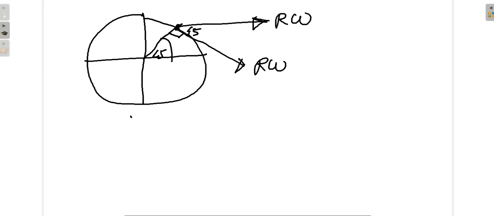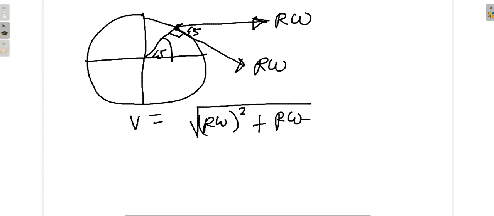So the net velocity will be (r omega) square plus (r omega) square plus 2 times (r omega)(r omega) into cos 45.